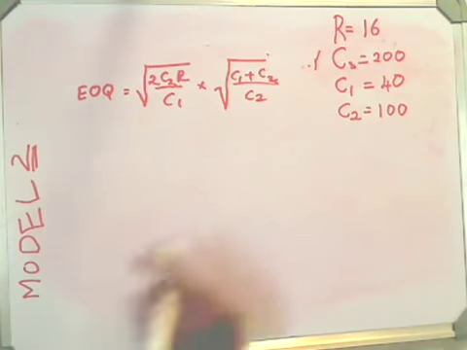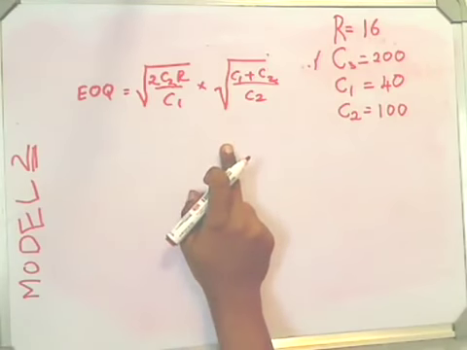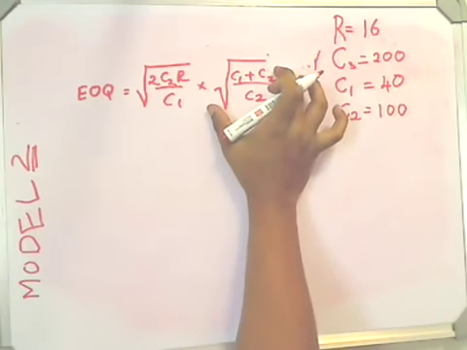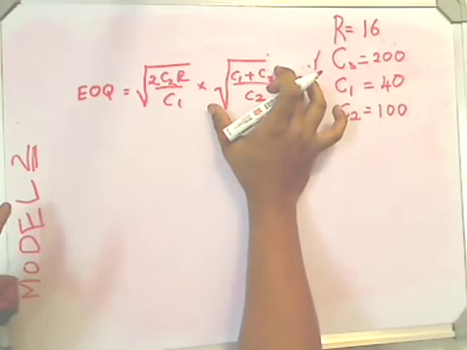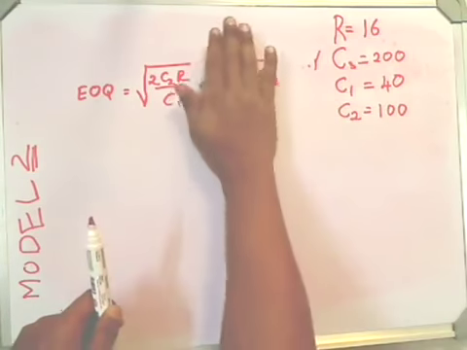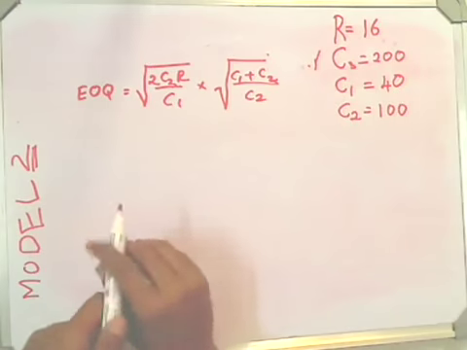This is the formula that you would use. This extra bit of formula would be in case of model number 2. If it's just model number 1, you can ignore all this and this is all that you'll be calculating.